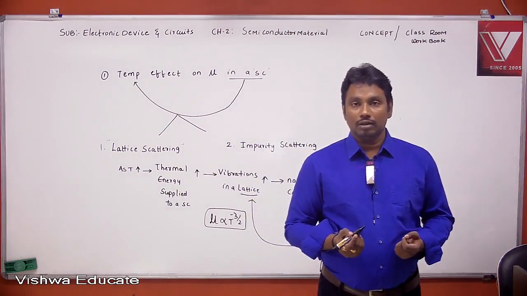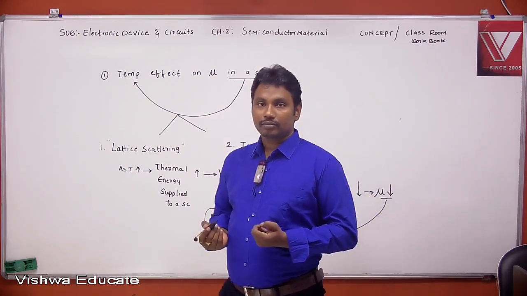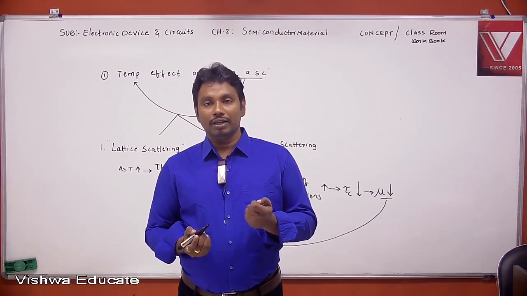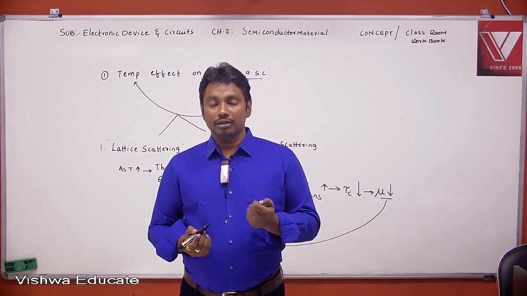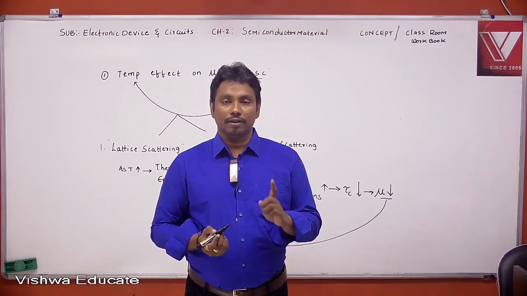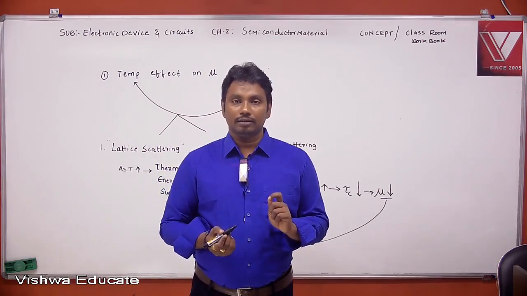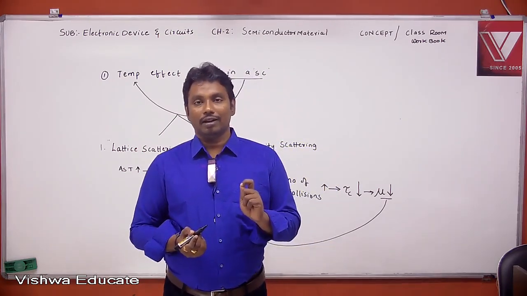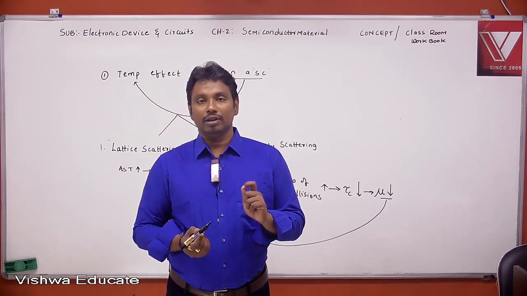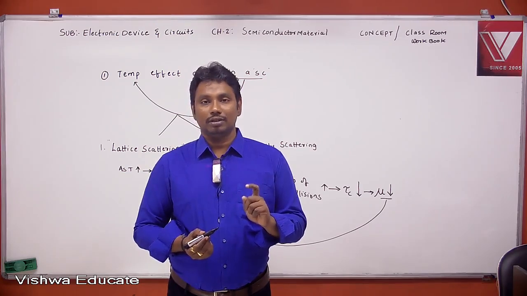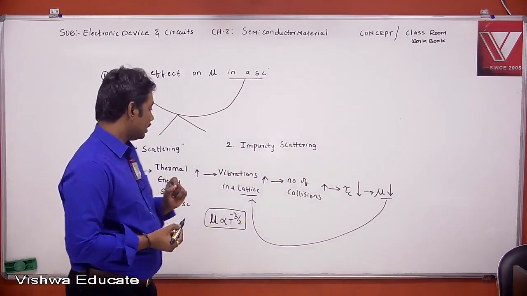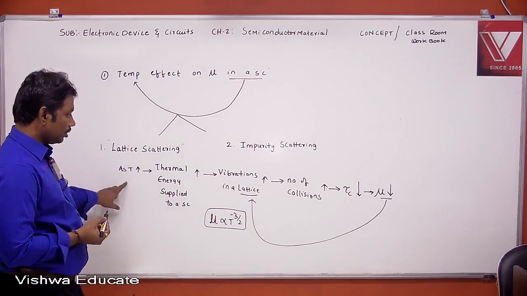Write on the notes. In a semiconductor, mobility is affected due to temperature in two ways. The first one, lattice scattering. And second one, impurity scattering. Again, heading lattice scattering. Copy this flow graph, and copy this relation.